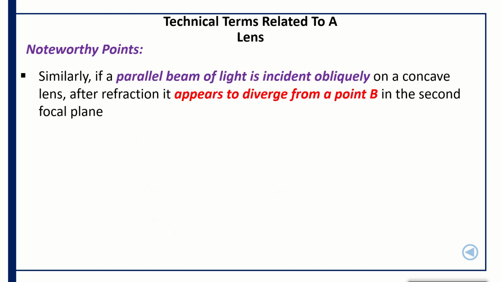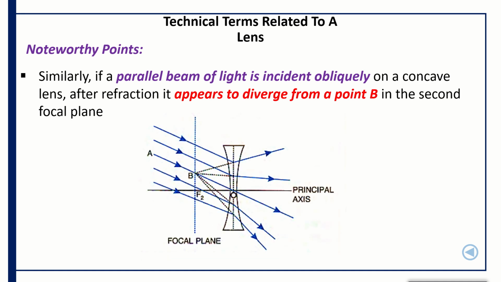If a parallel beam of light is incident obliquely on a concave lens, then after refraction, it appears to diverge from a point B in the second focal plane. So, similarly, if we take a parallel beam of light which is oblique, or not parallel to the principal axis of the concave lens, then the divergence appears to happen not from the principal focus of the concave lens, but from some other point in the focal plane.